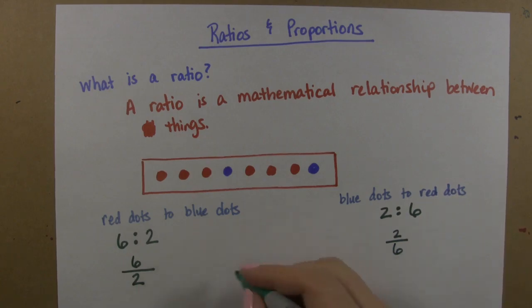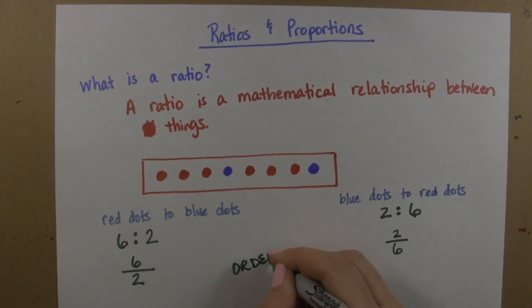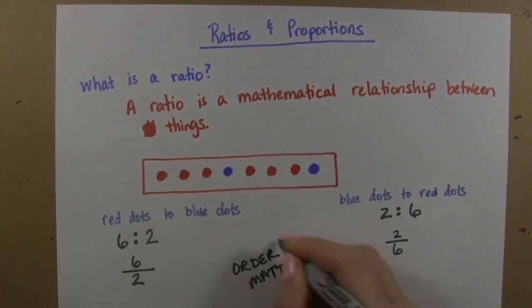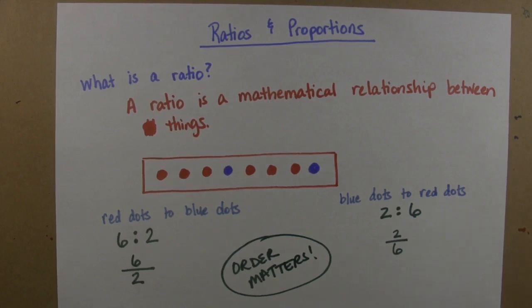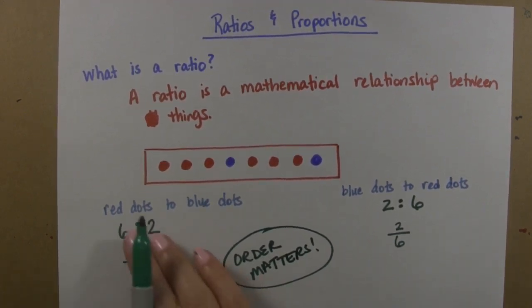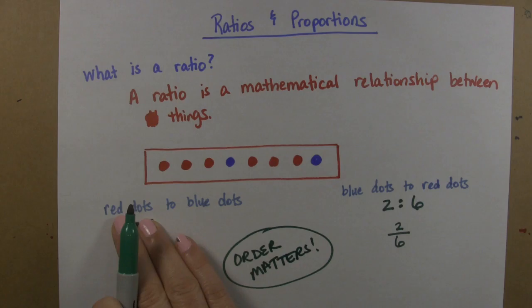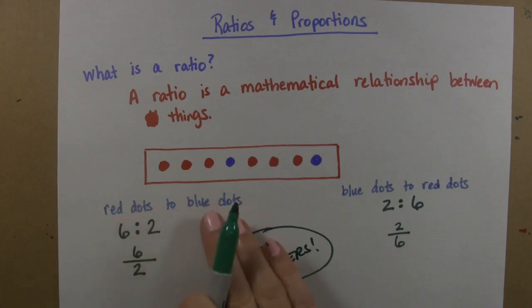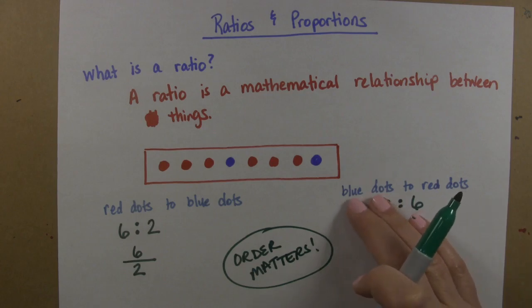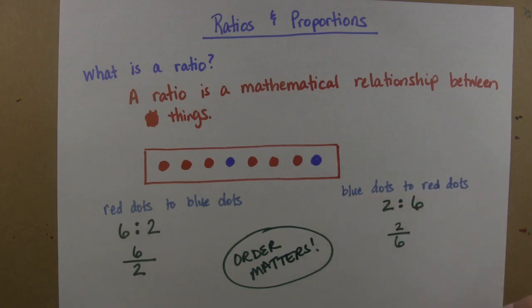Okay, so notice that order matters. So when you're reading your problems, you want to make sure that you're paying attention to which item is supposed to be coming first. In this case, red dots and then blue dots. In this case, blue dots and then red dots.